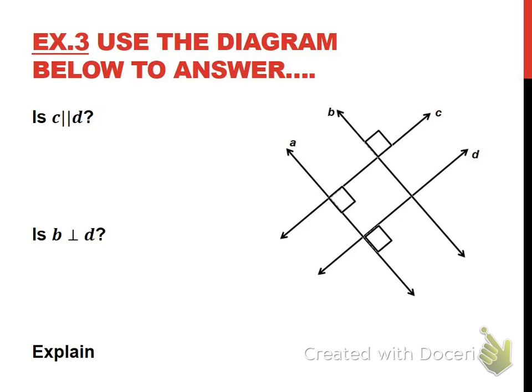All right, we are using this diagram to answer these questions. We do need to explain our reasons for our answers. So first up is line C, I'm going to highlight it for the sake of this problem, parallel to line D? Yes, how do we know?